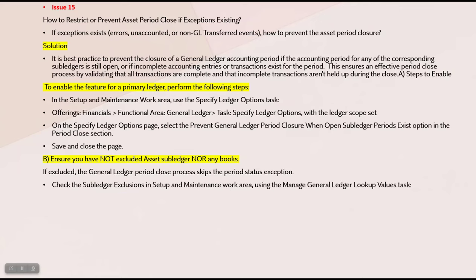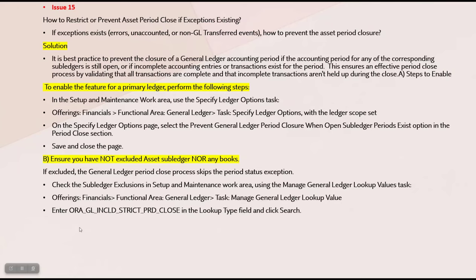Check the subledger exclusions in Setup and Maintenance using the Manage General Ledger Lookup Values task. Financial area, general ledger, task Manage General Ledger Lookup Values. Search for ORA_GL_INCLUDE_STRICT_PERIOD_CLOSE in the lookup type, and click search.